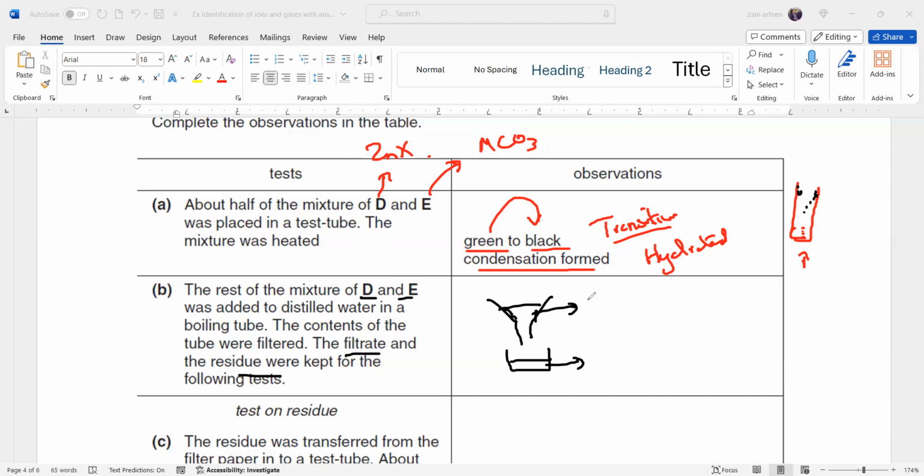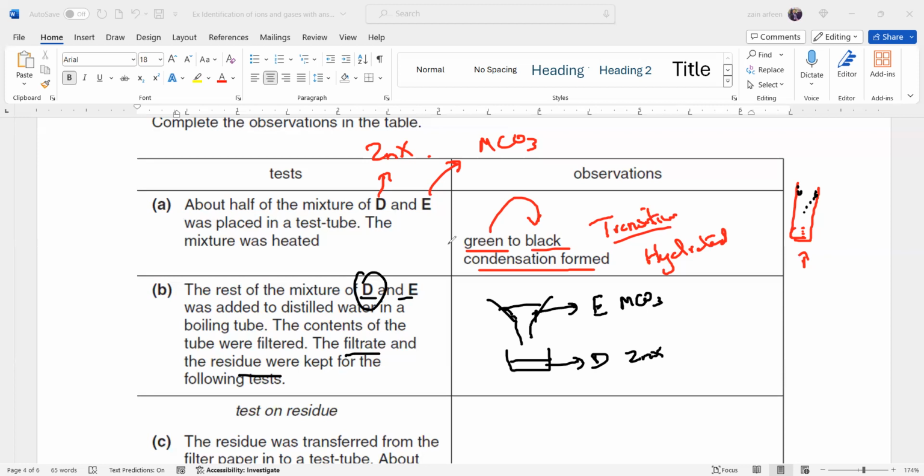D is a zinc salt which is soluble. So E will be the residue. E is the metal carbonate. And what about D? D is a soluble zinc salt, so it will dissolve and pass through the filter paper.